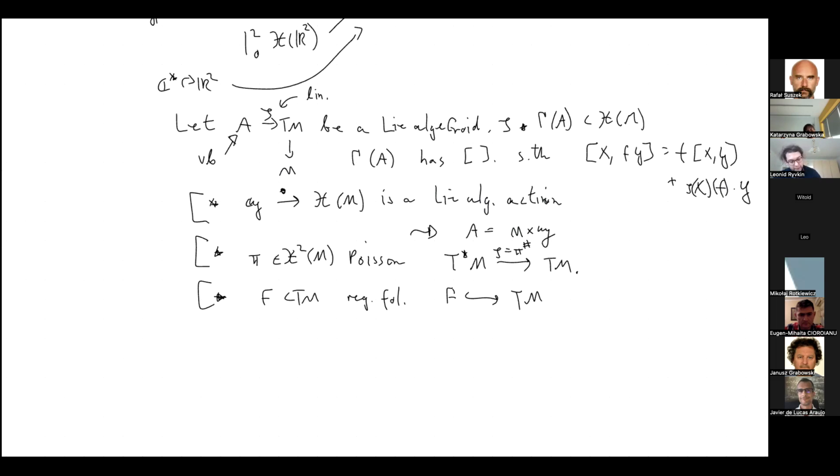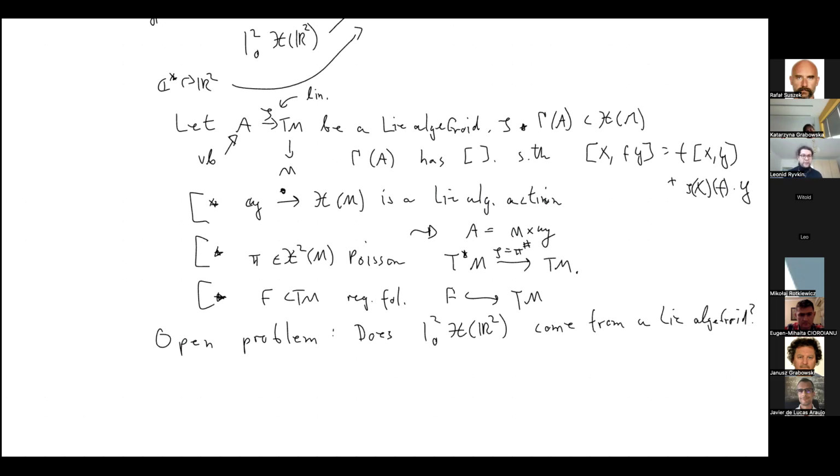There is the following open problem. Does the foliation given by vector fields vanishing quadratically at the origin of R2 come from a Lie algebroid? The answer to this is unknown.